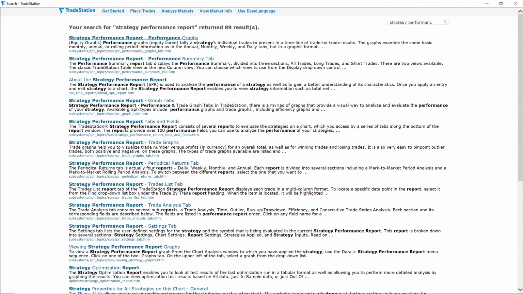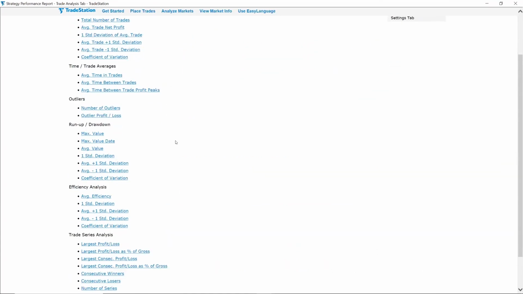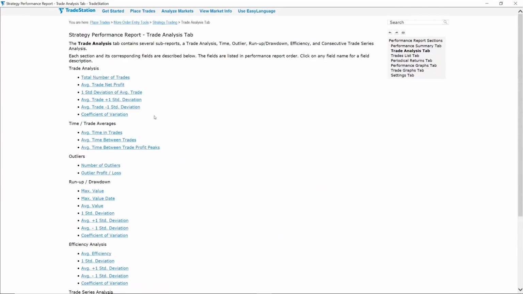And it also tells you the specific tab that it is defining. The one that we're looking at is the trade analysis tab down here, strategy performance report, trade analysis tab. Click on it. And then it gives you all the different metrics that are used in there with clickable links that you can click on to find the details on each one of these metrics.